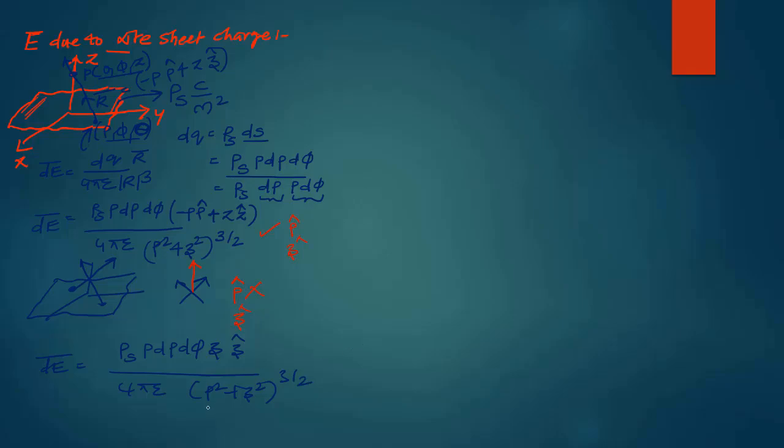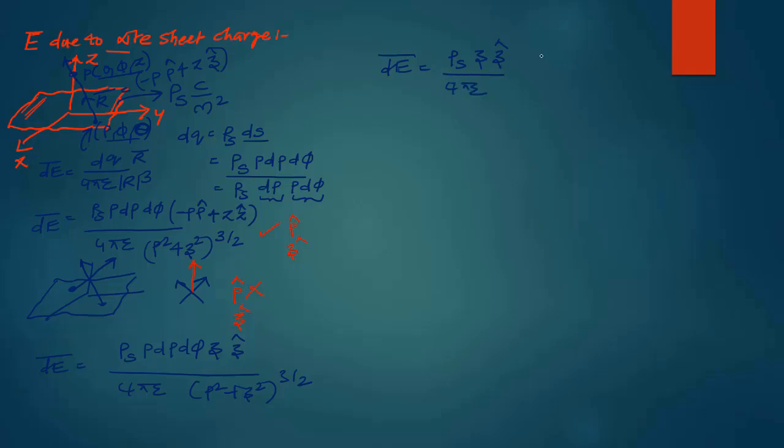Now the variables are this particular rho and phi. We have to do the integration, remaining all are constants. So accordingly I am writing the equation. Rho s is constant, rho is variable, phi is variable, but z is constant. z cap I am writing here by 4 pi epsilon.